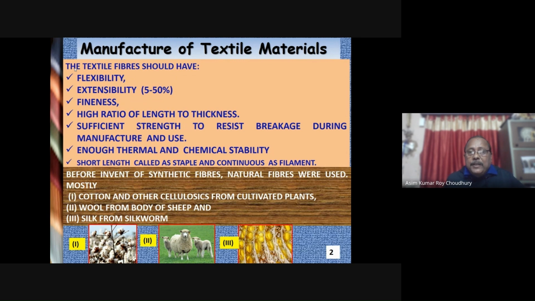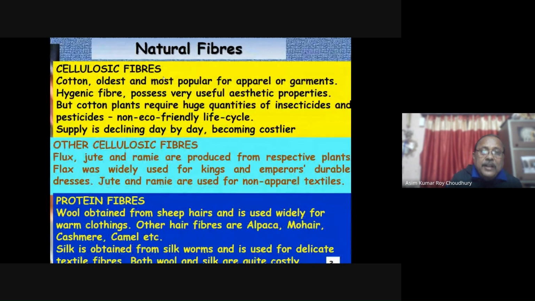Before the invention of synthetic fiber, natural fibers were used, mostly cotton and other cellulosics from plants, or wool from the body of sheep, and silk from silkworm. These are the main natural fibers. Of the natural fibers, cotton is the oldest and most popular for apparel and garments till today.